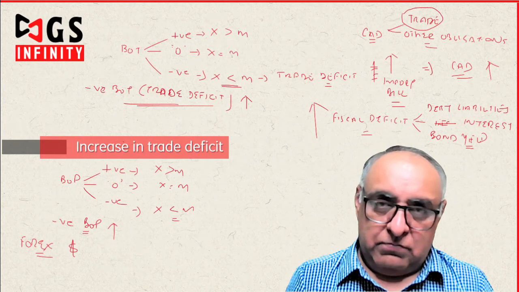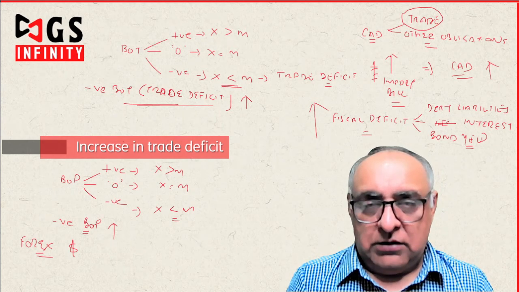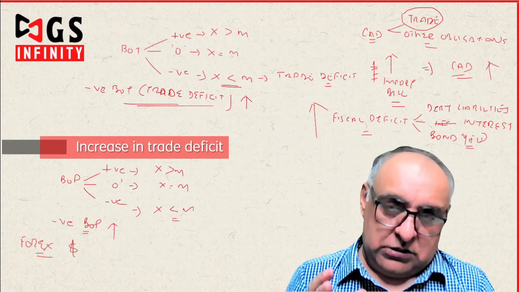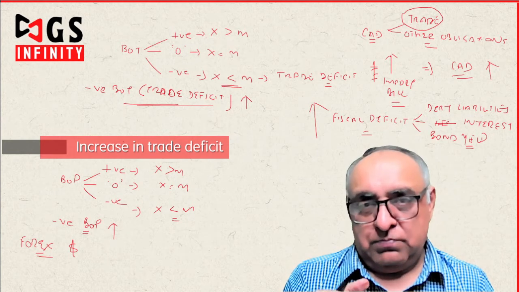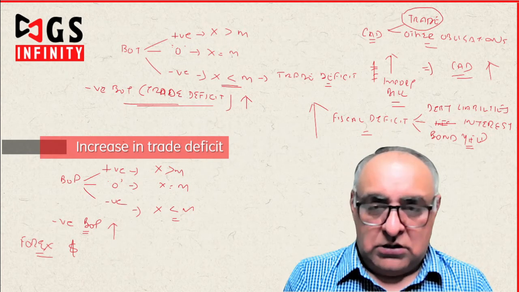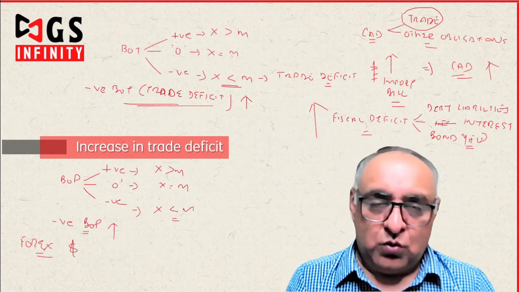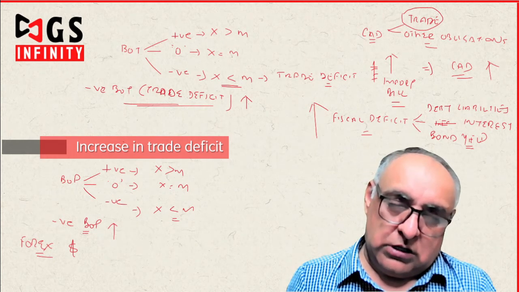So if the imports become dearer and we are not able to find an alternative to those imported goods in the domestic market, then we have to pay more dollars for importing goods from outside the country.